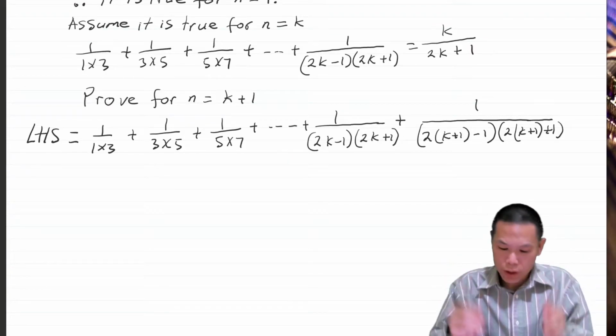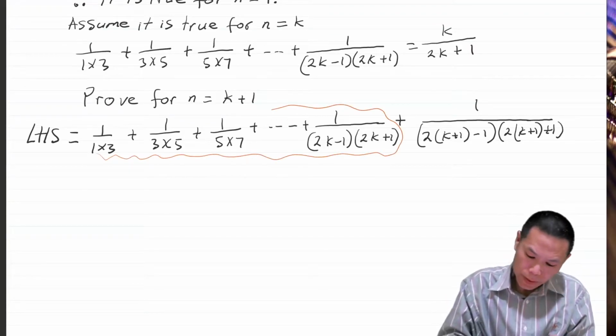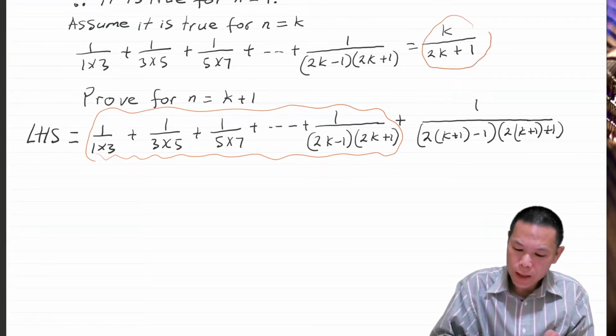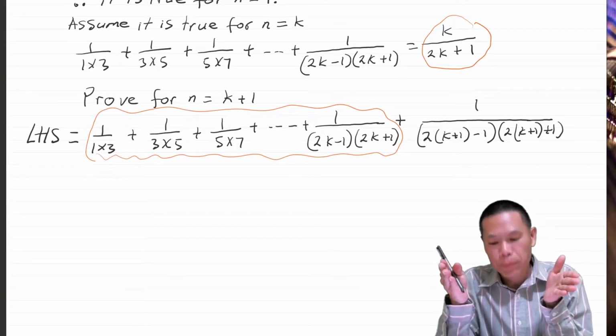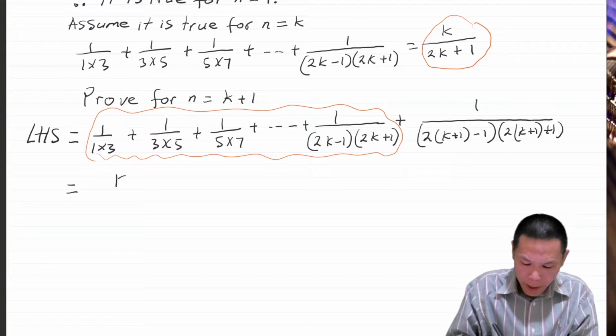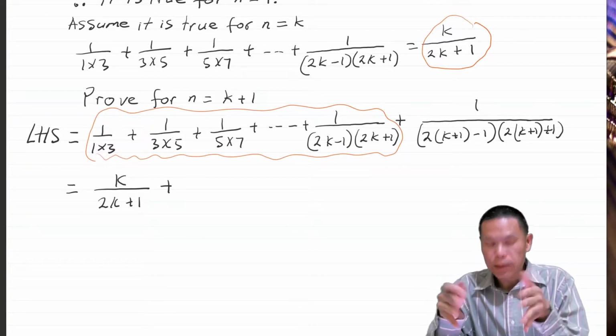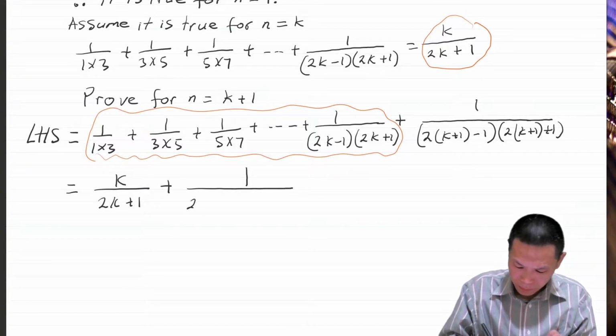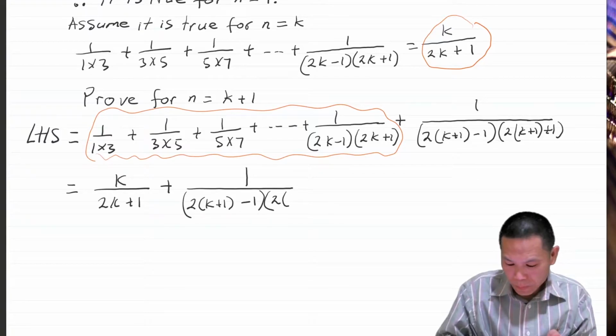And please note, these terms here is equal to k over 2k plus 1. So I just write this down. So which is equal k over 2k plus 1 plus the last term, that is and 2k plus 1 plus 1.